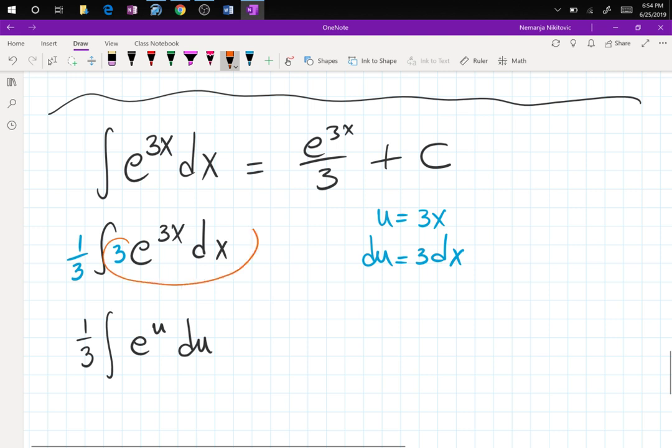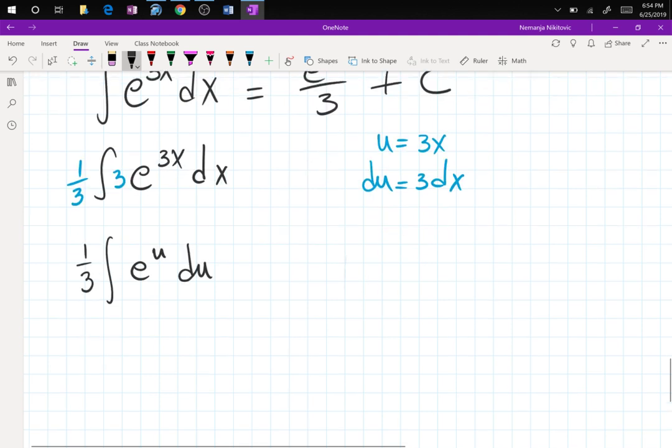Here's the peanut for du, right? The 3 dx is the du peanut. That replaces it, and then 3x changes with u, and the entire integral is in terms of u.